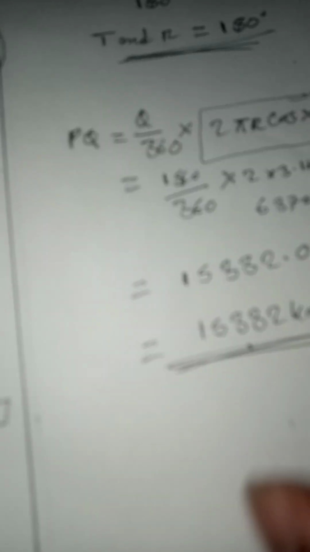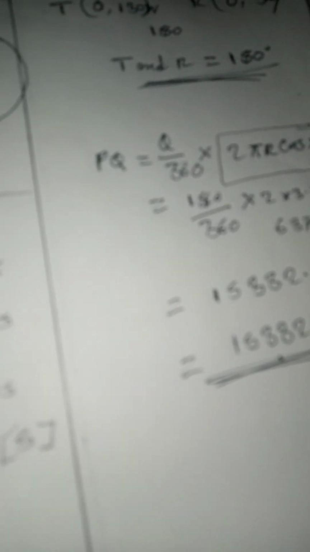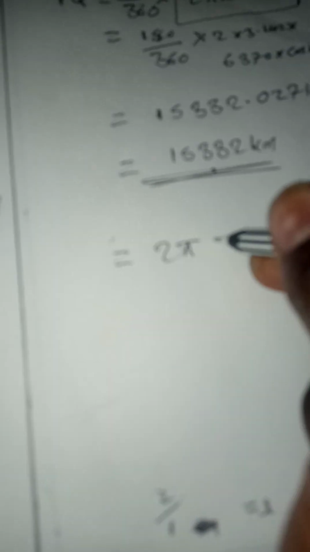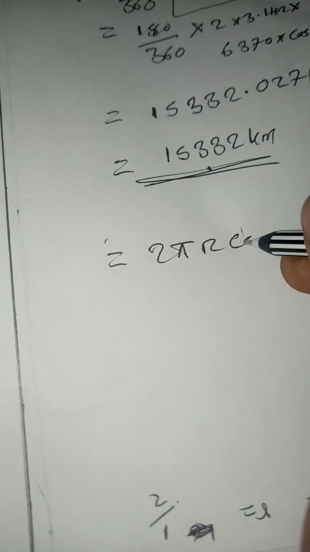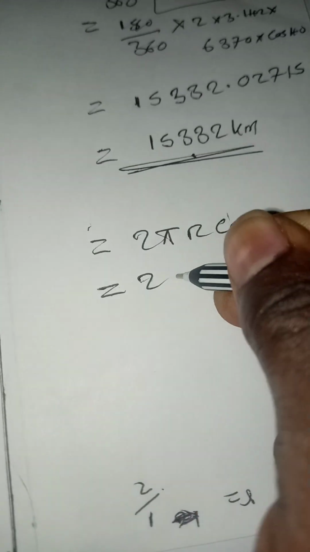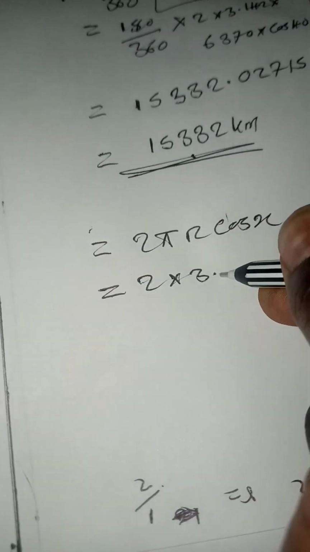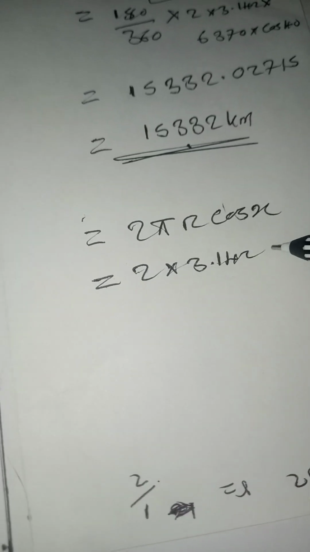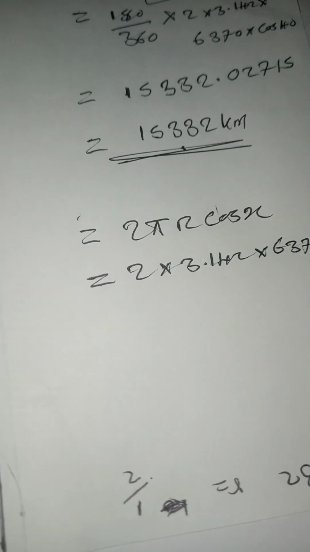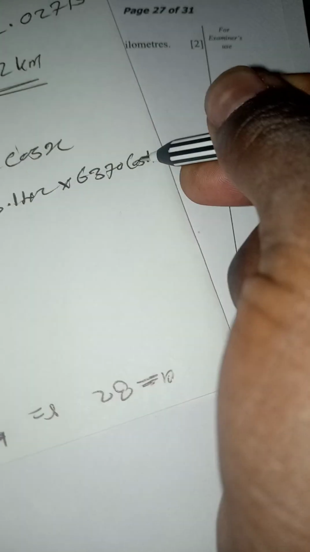So without wasting your time, let us find this circumference. The circumference is equal to 2 pi r cos lat. Pi has been given as this, then r is equal to this, then cos we have been given as 40.